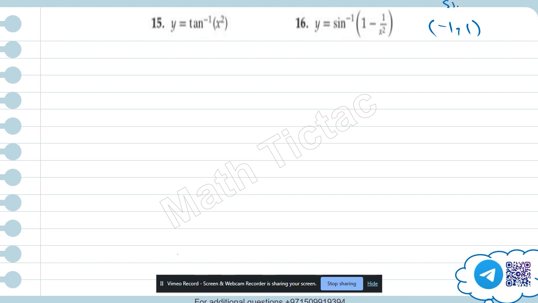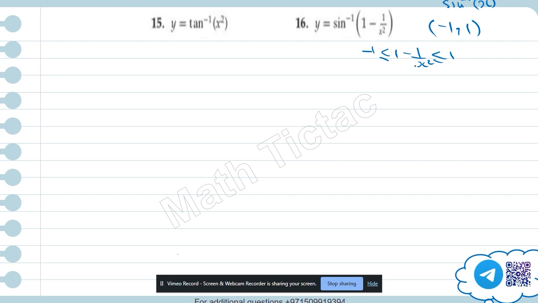But over here I have 1 minus 1 over x squared. So I will take 1 minus 1 over x squared. It's between 1 and -1. So after solving, I will take -1 for all of these sides.